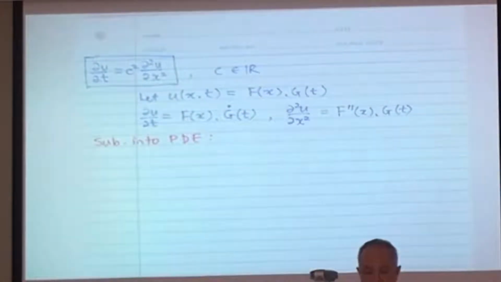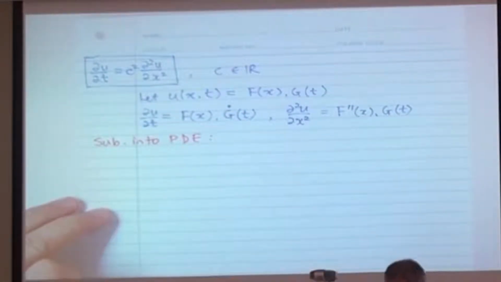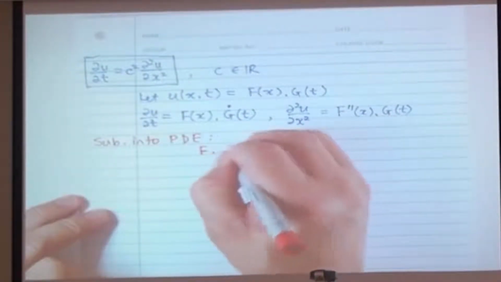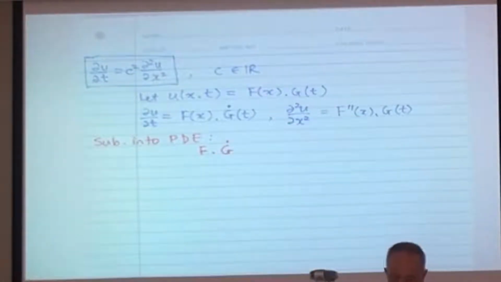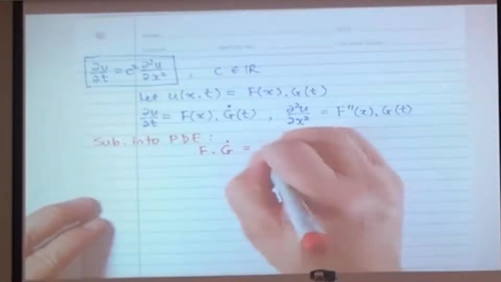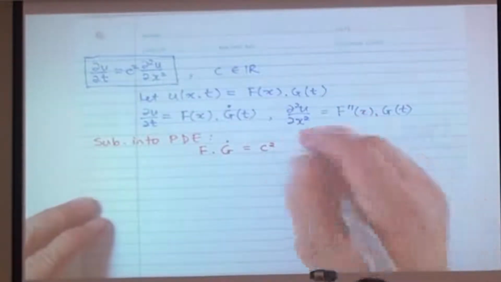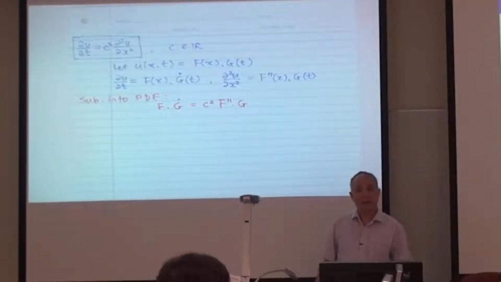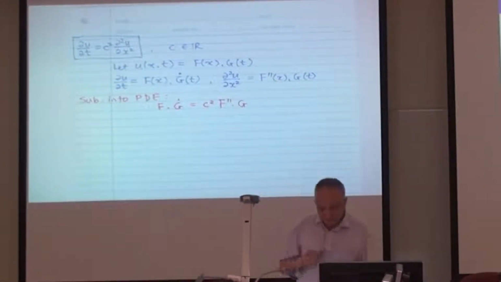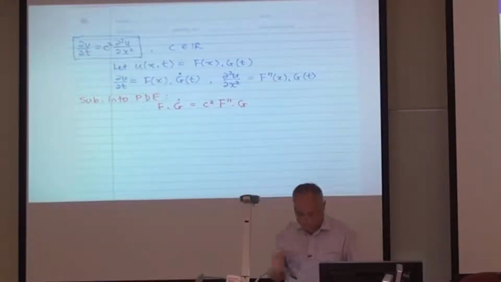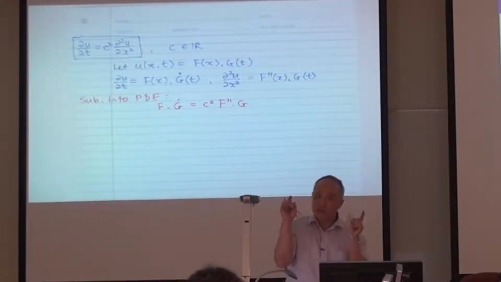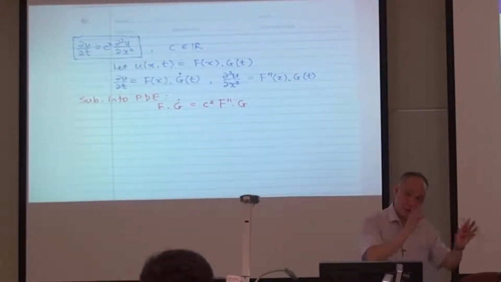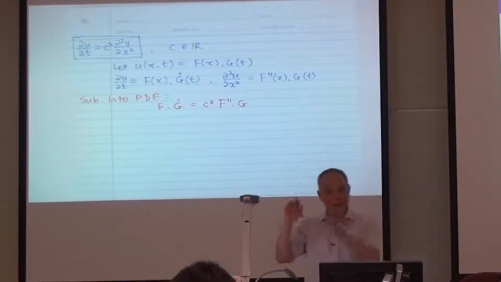So I substitute into the PDE. If I substitute into the PDE, what do I get? The left hand side I have f times g dot, and the right hand side I get c squared f double prime times g. Then let's rewrite this. I'm doing separation of variables. Separation of variables means put all the functions of one variable on one side, and functions of the other variable on the other side.